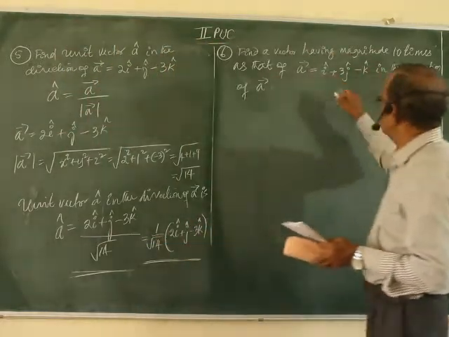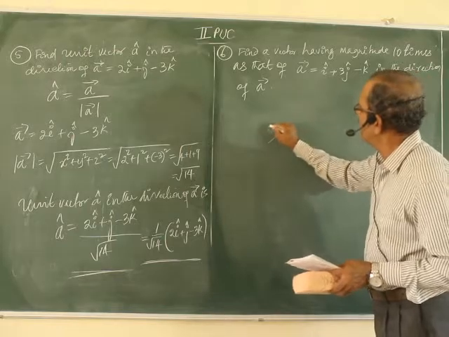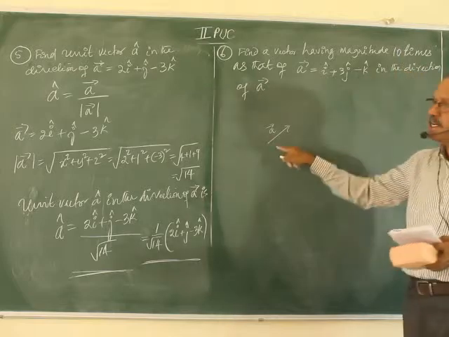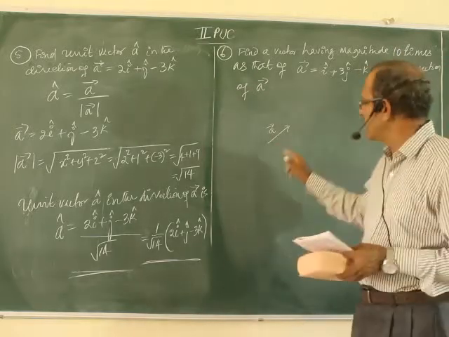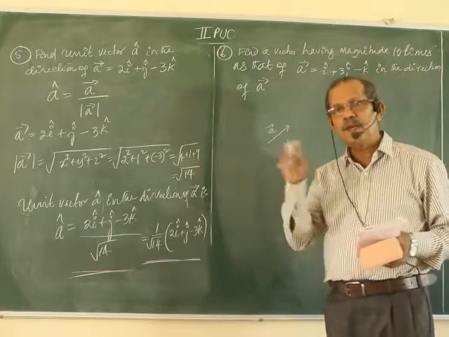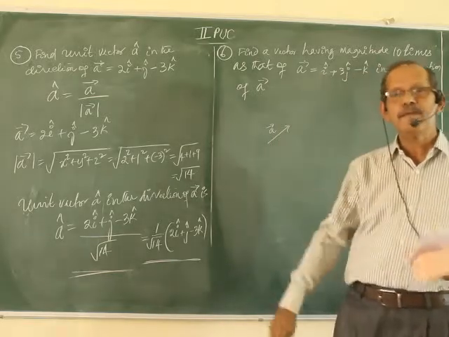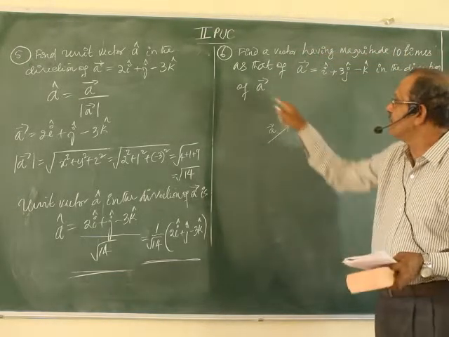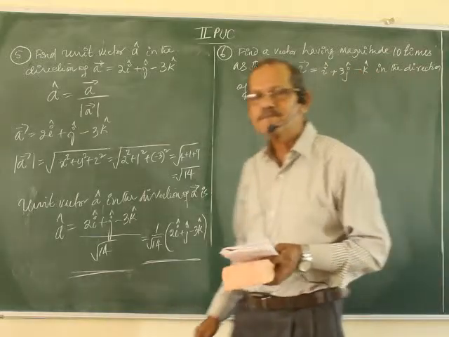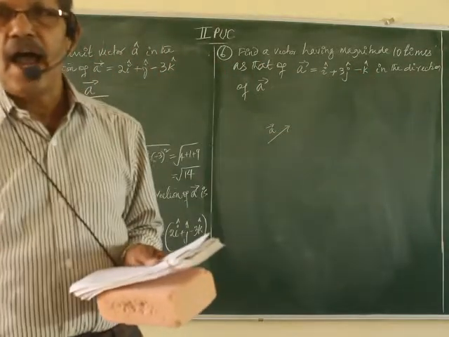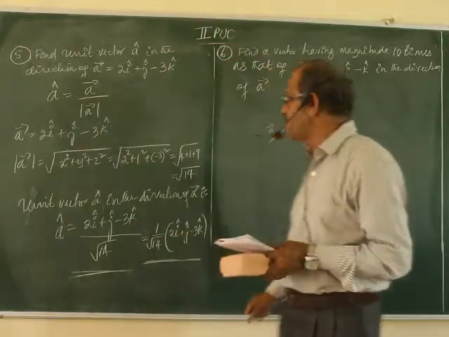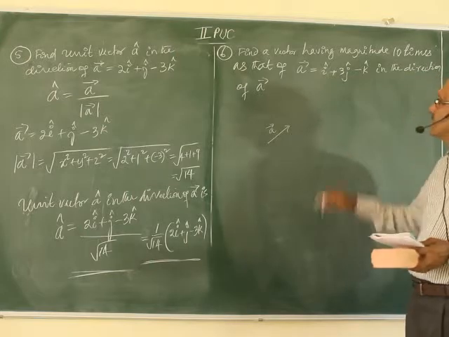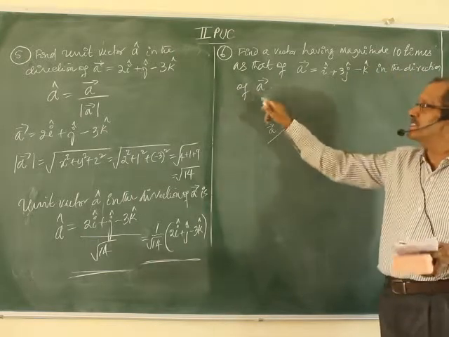Given vector A is there, see, A. Now find the vector having magnitude 10 times the magnitude of this. If the magnitude of this one is 7, you need one more vector having magnitude 70. And in the direction of A, direction should be same as that A. Find a vector having magnitude 10 times as that of magnitude of the vector A, and its direction should be same as that of A.